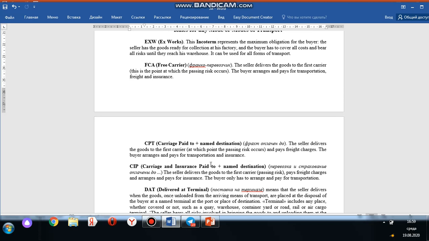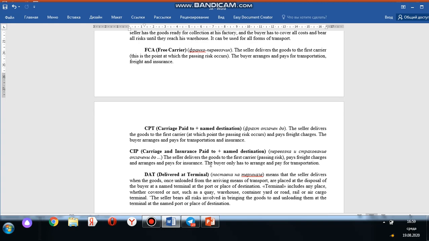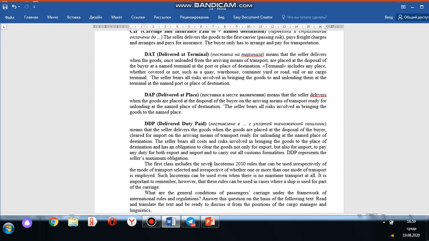They first of all do some negotiations, and after that they come to one conclusion, take one of these Incoterms and use it.